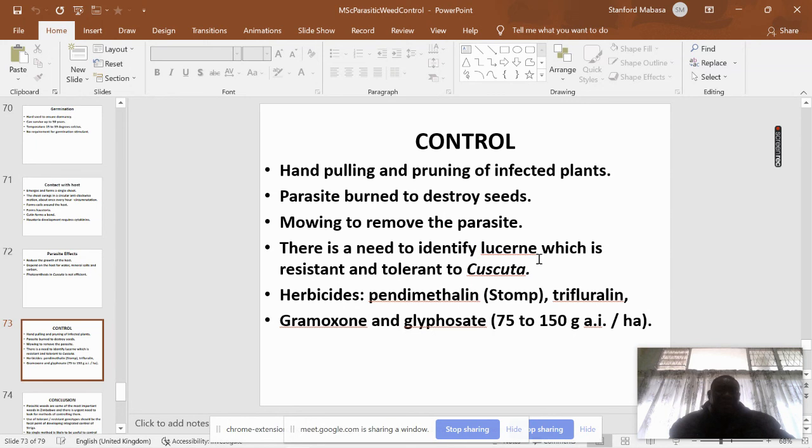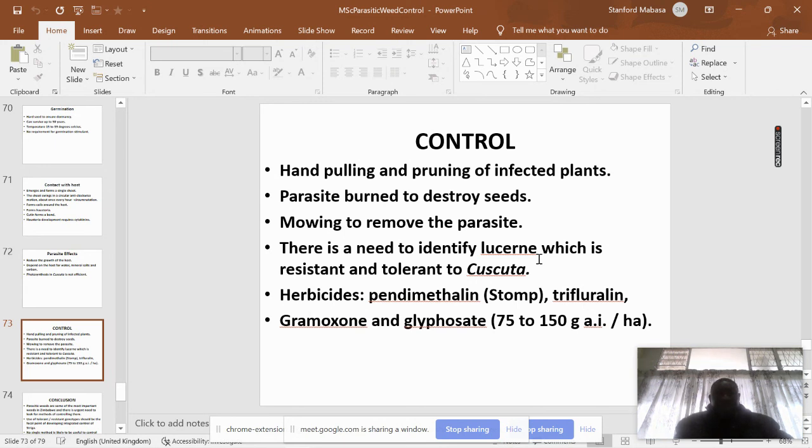You can burn and destroy the seeds. In lucerne, mowing can be done to remove the parasite. Sometimes it helps. There's also need to identify lucerne which is resistant and tolerant to Cuscuta. That work needs to be done.